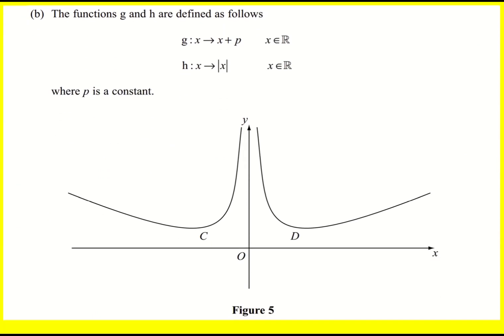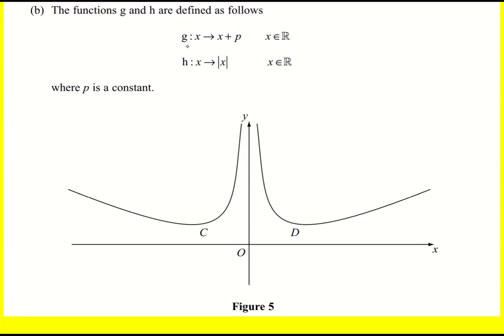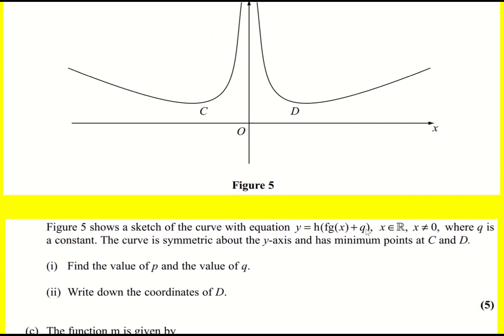Now we're given two new functions, g of x. This actually means that x is mapping onto x plus p. Another way of writing it is that g of x is equal to x plus p. And h of x is the modulus function. We're then told that we've got a new equation where we're basically taking the previous function right from the start of the question and applying some transformations to it.